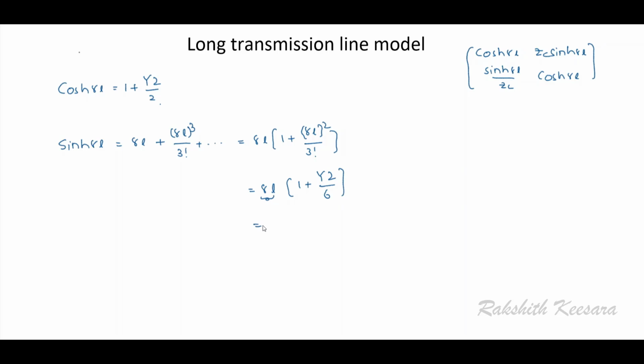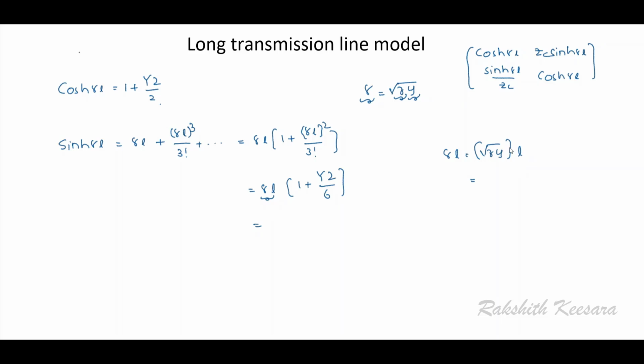And what will be γl? γl is root over zy into l. See, always remember, we should calculate γ by using per unit length values. That is root over z into y. This is per unit length impedance and this is per unit length admittance. You can say impedance per kilometer and admittance per kilometer.